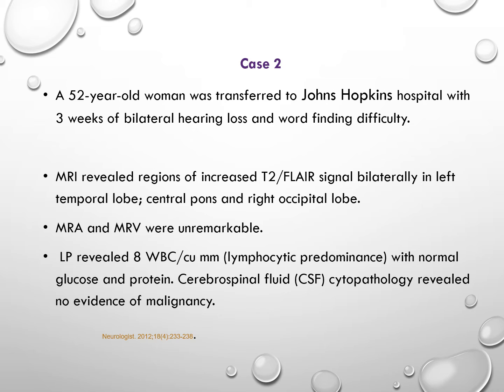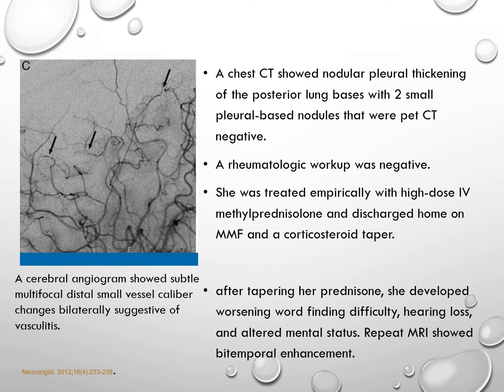MRA and MRV were unremarkable, and her LP showed a white blood cell count of 8 with lymphocytic predominance and normal glucose and protein, ruling out mainly bacterial infection. CSF cytopathology revealed no evidence of malignancy. A chest CT showed nodular pleural thickening and two small pleural-based nodules, which were negative on PET CT for uptake.